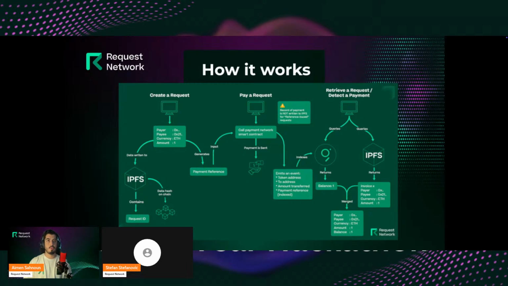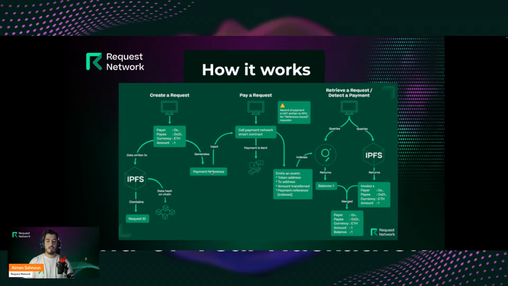And this contextual data is then written into IPFS. And once we get the hash from IPFS, we store it on chain on our smart contract. Each request is linked to a payment reference, and this payment reference is then used to pass into our smart contracts during payment in order to detect when a payment happens.